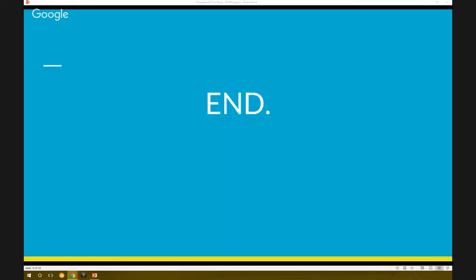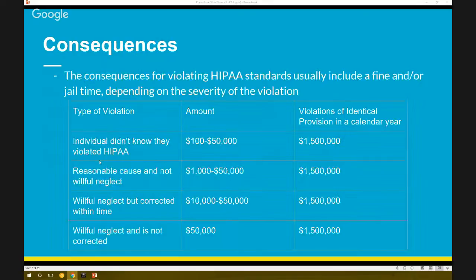I forget which slide it was. One of you had mentioned things where you breach HIPAA violations, and the term was willful neglect a couple times. Why don't you explain to me what willful neglect is? I think it's where you know that you may not have done something exactly the way you were trained to, but it says corrected within time.